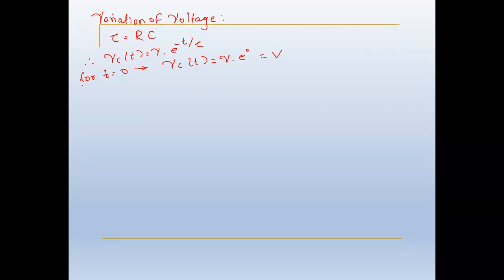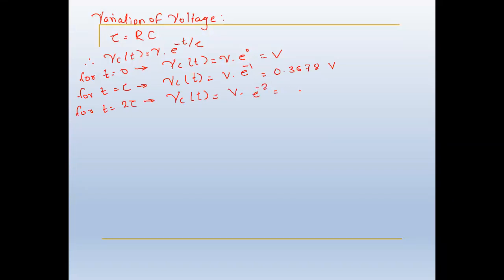Next, for t equal to tau, Vc(t) is V into e raised to minus 1, which is 0.3678 V. Next, for t equal to 2 tau, Vc(t) is V into e raised to minus 2, which is 0.1353 V.